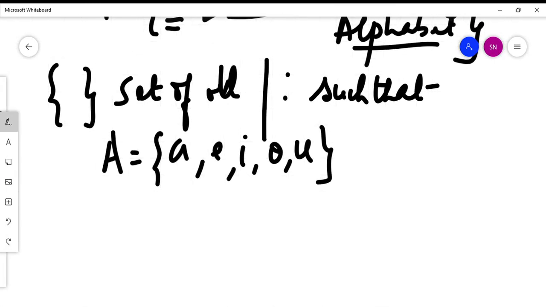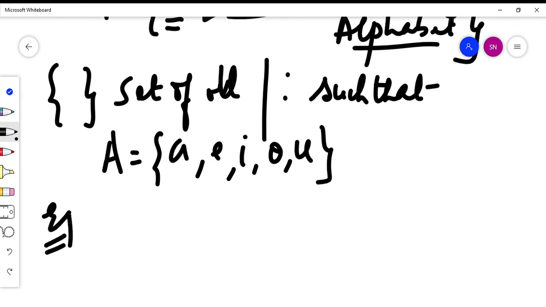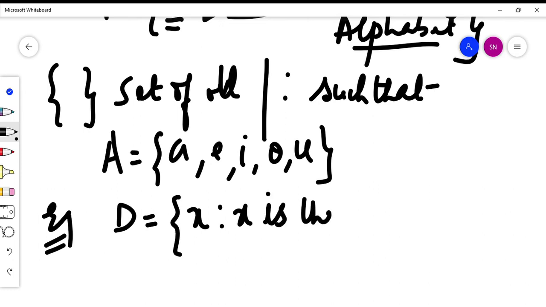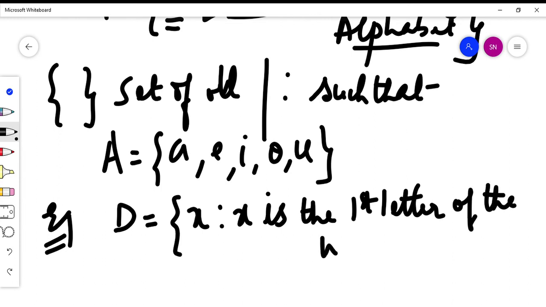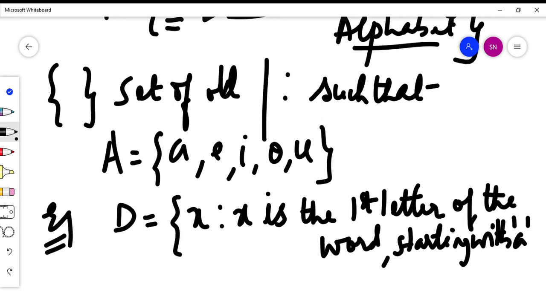Set D is equal to x such that x is the first letter of the word starting with A.